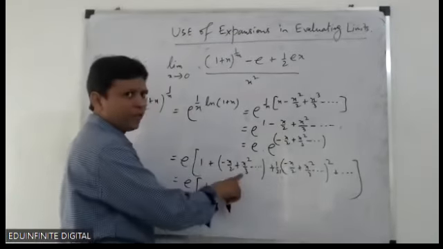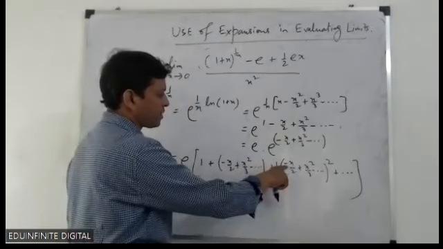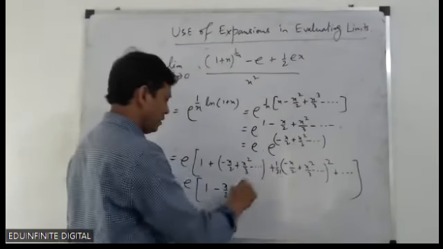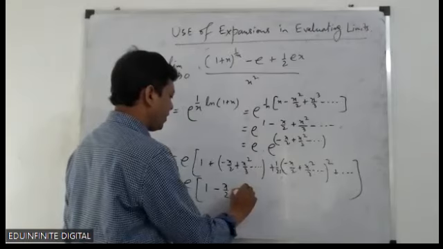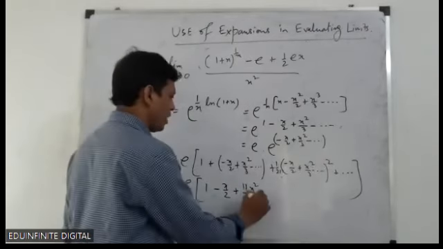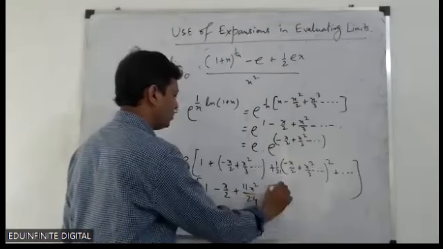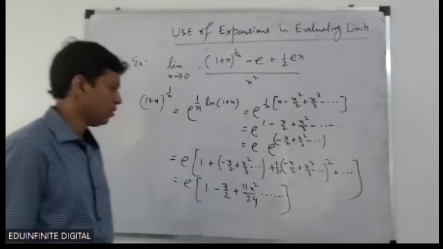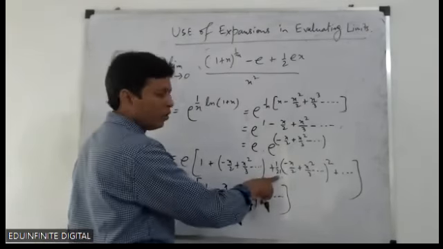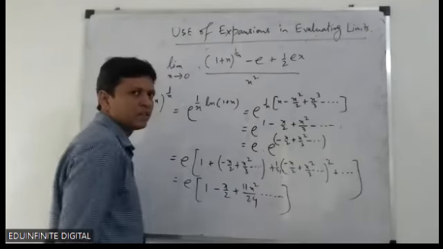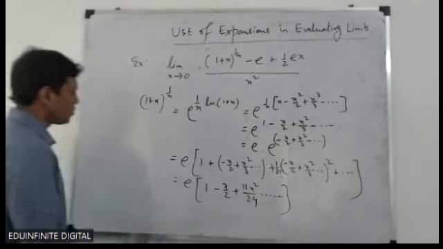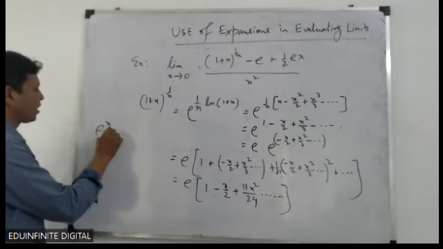Acha, x square by 3 plus x square by 8, 11 x square by 24, and so on. 1 by 2 factorial 2 is 4, 2 fours are 8.